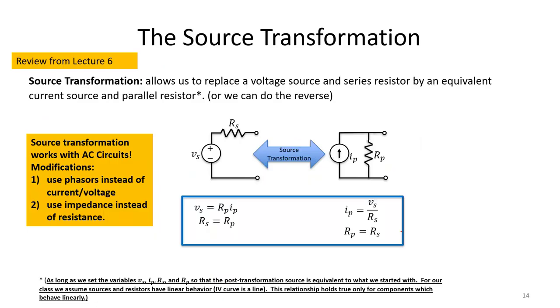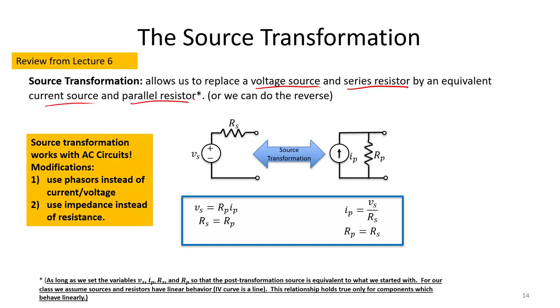Alright, so now that we're done with review, let's move on and first cover source transformation. You may remember this slide from our Lecture 6 video. In Lecture 6, we had learned that source transformation allows us to replace a voltage source and series resistor by an equivalent current source and parallel resistor.